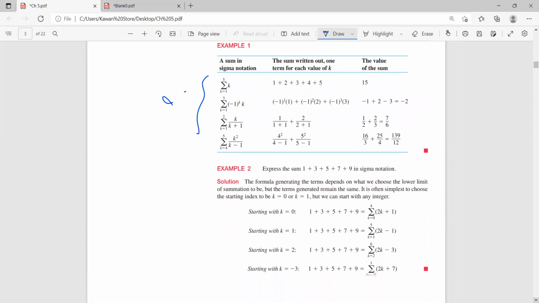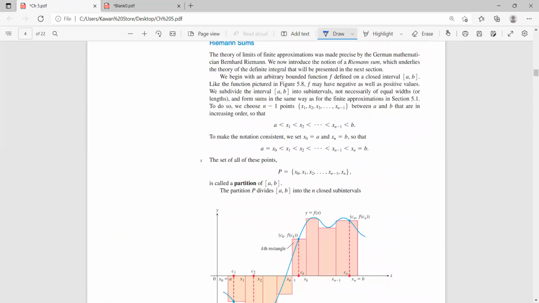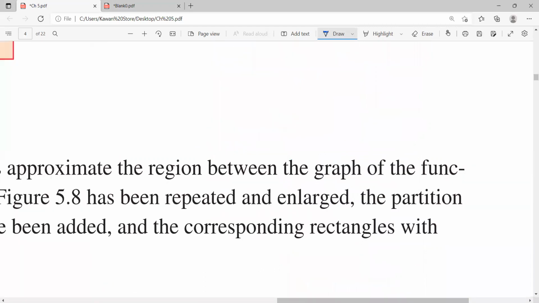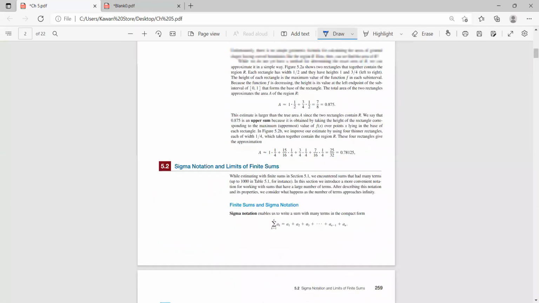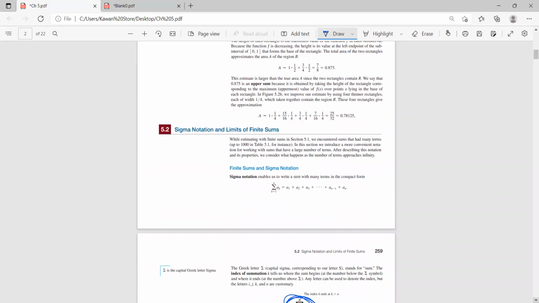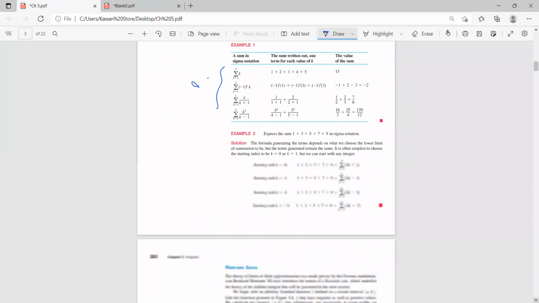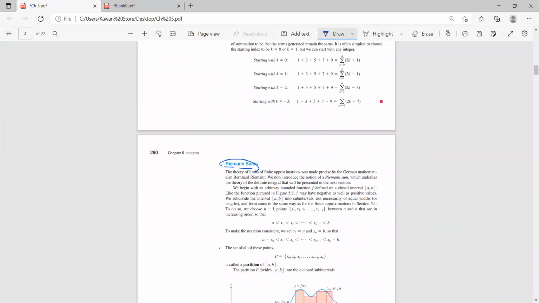Also the name of the man, Riemann, as I mentioned. Okay, you can see the Riemann name. Here's Riemann. Okay.